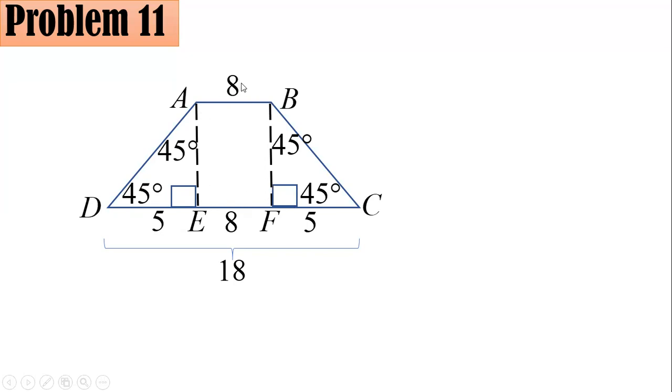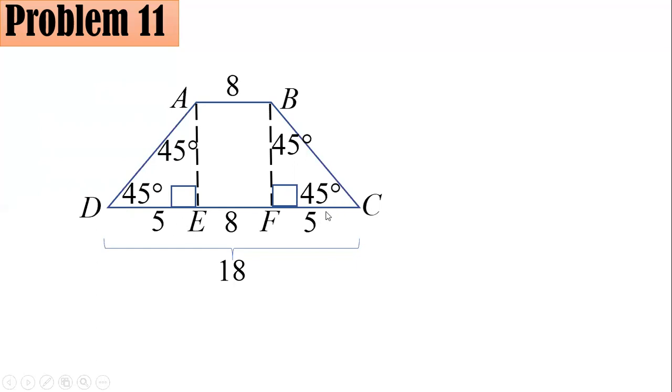So this is a rectangle, and opposite sides of a rectangle are equal. That's why if AB is 8, so I place here point E, point F, but you could use any letter that you like. It tells us that line segment EF should also be 8. And since this is 18, 18 minus 8 is 10. But since these two should be equal, 10 divided by 2 is 5.